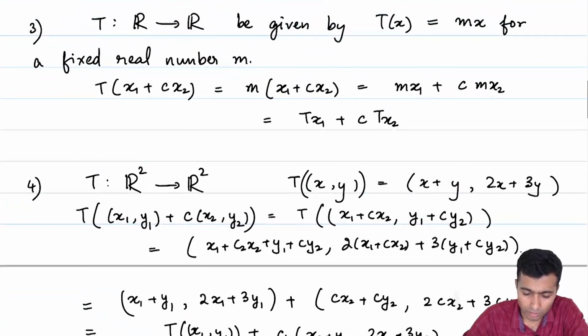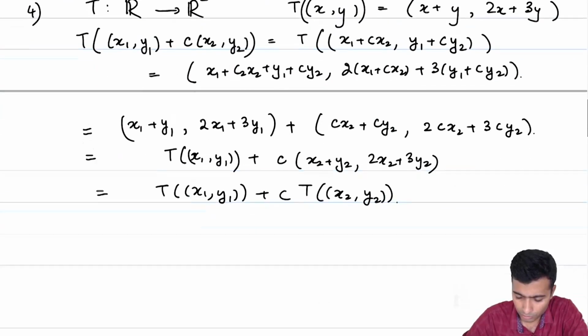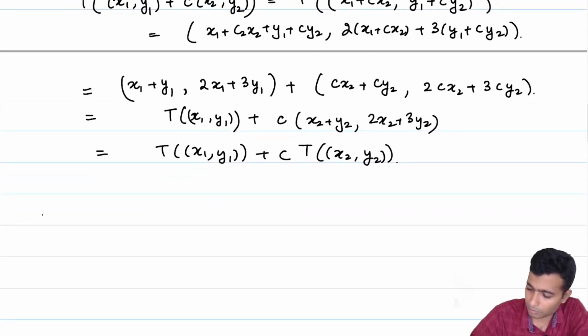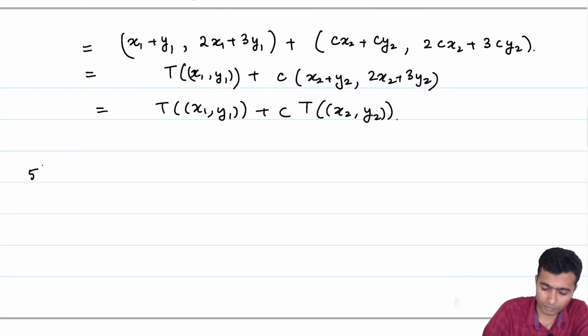Well, the previous example was from R2 to itself. So, let us now look at an example where the domain and the range are different.